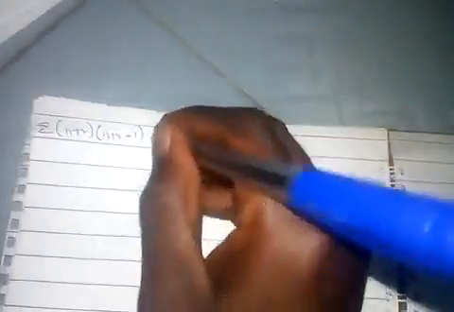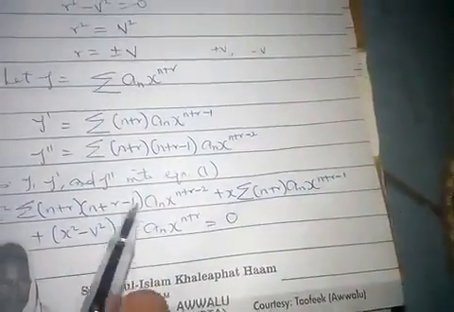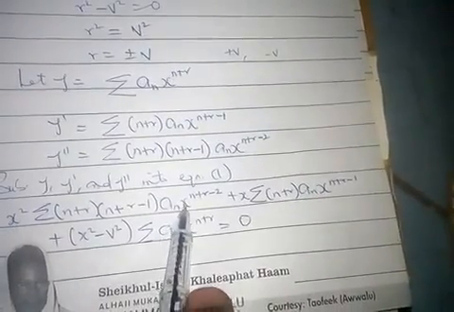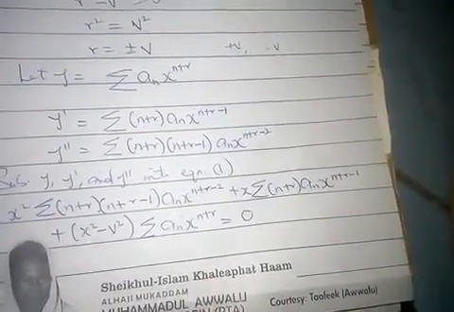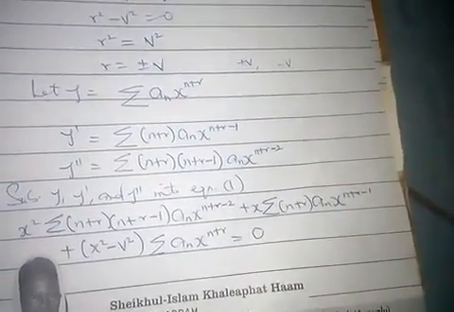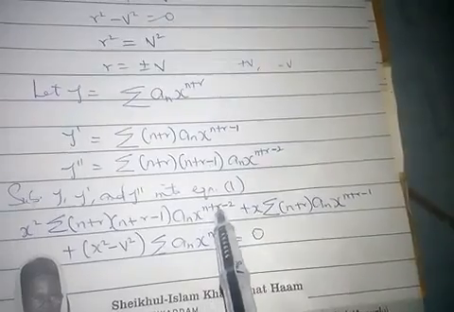This guy is equal to summation n plus r minus 1 a n. Take note, here we have x squared. So if x squared moves into here, you have 2, and minus 2 out, remain n plus r.